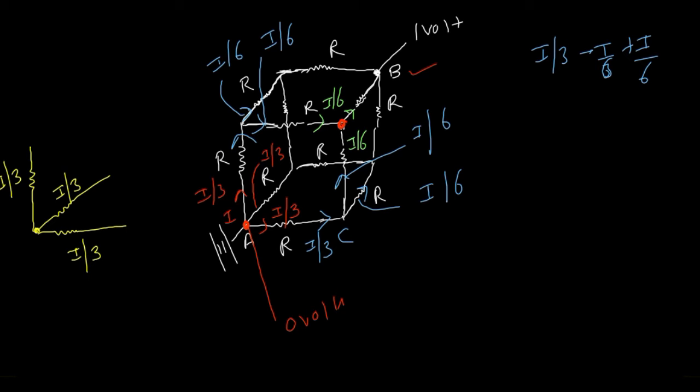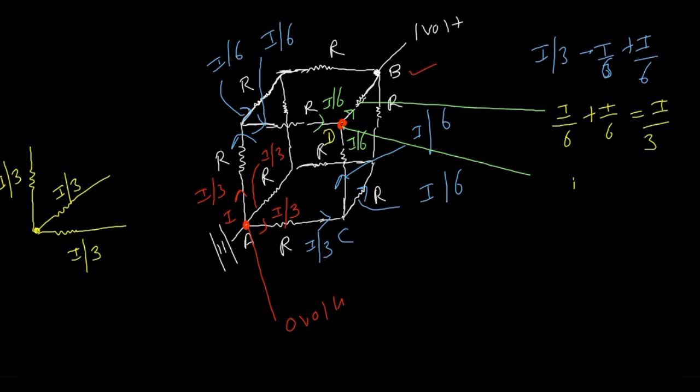Apply Kirchhoff's current law at this point and you can find the current here, which is I by 6 plus I by 6, equal to I by 3. So the current in this arm, the arm DB, IDB, is I by 3.